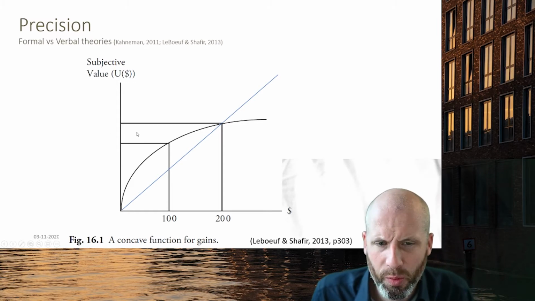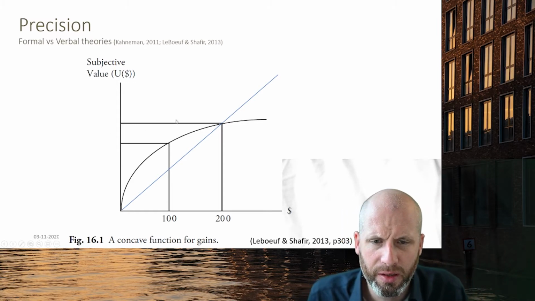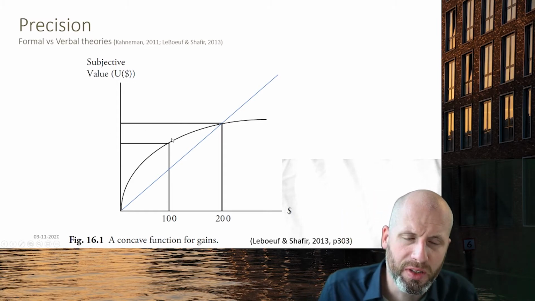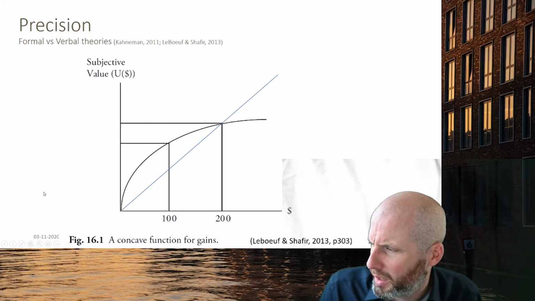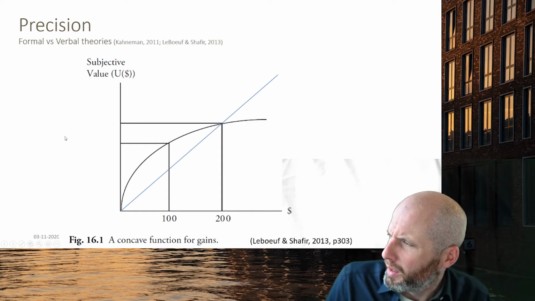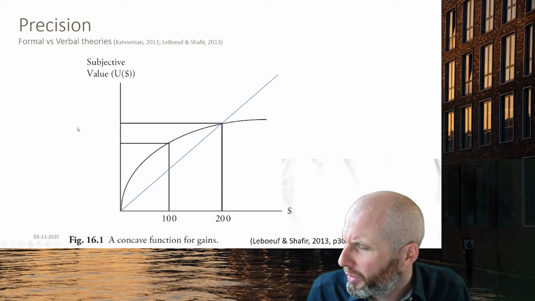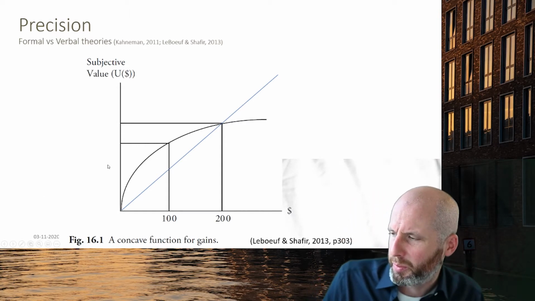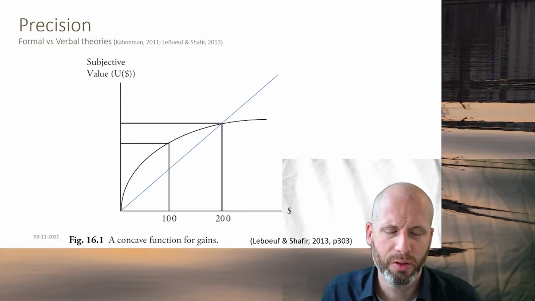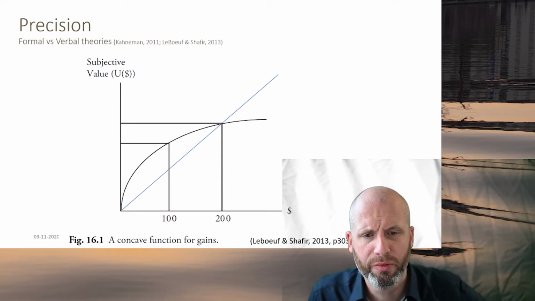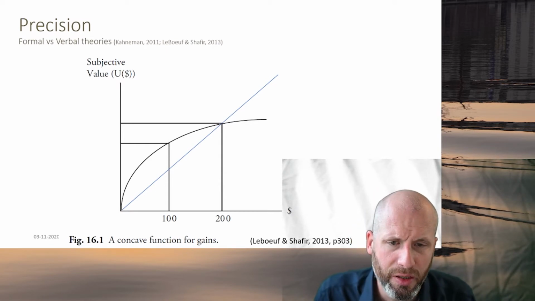One way of getting more precise theories is using formal instead of verbal models. Let me give you a couple of examples. If we talk about a verbal theory about how much people value money, a verbal description could be that once you become rich, you value a further increase in money less than if you are poor, right?